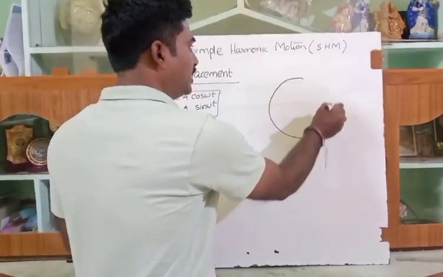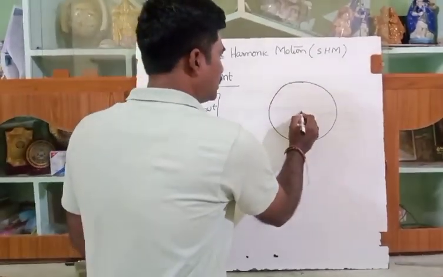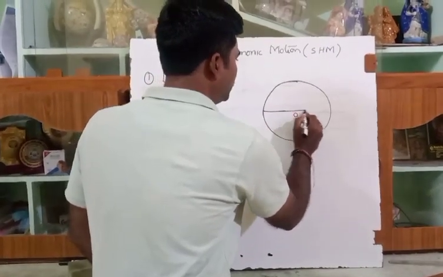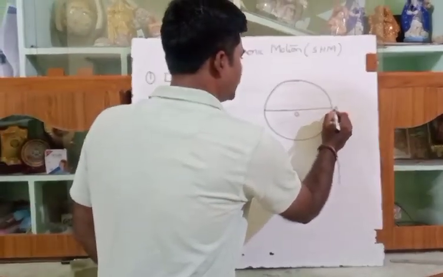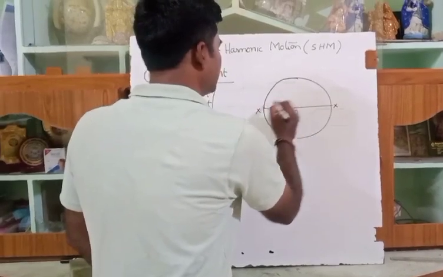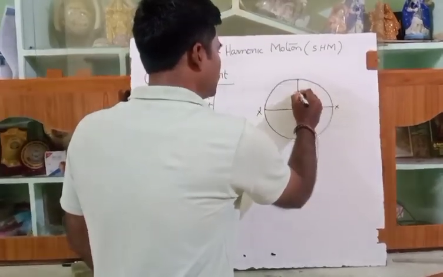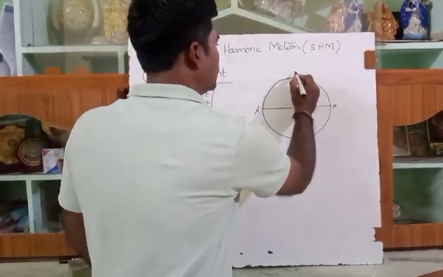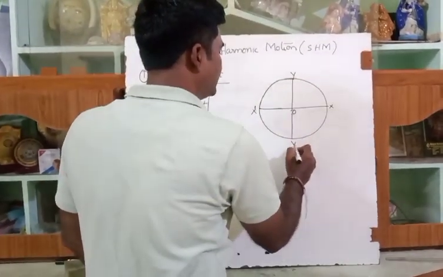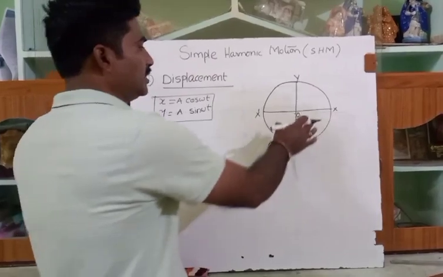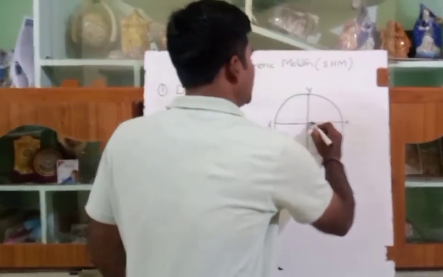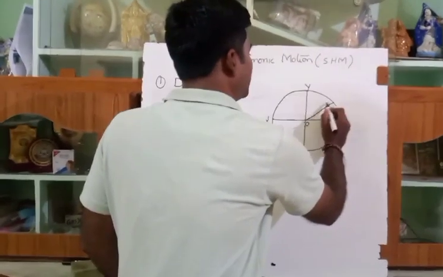Suppose we take a circle of center O, and draw a diameter along the x-axis called xO x dash. This is y O y dash. There are two diameters. Now it has a radius a.